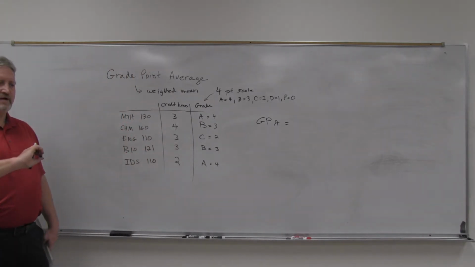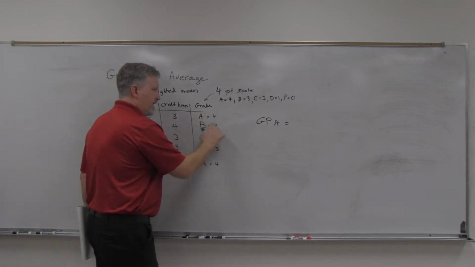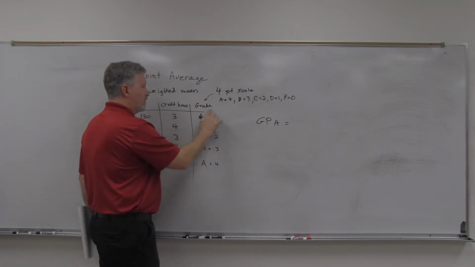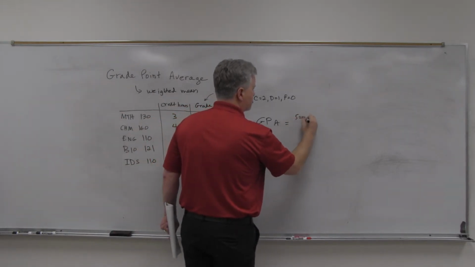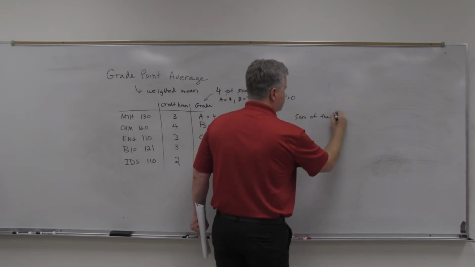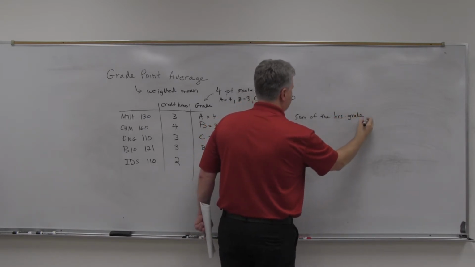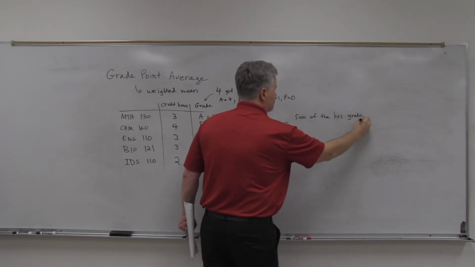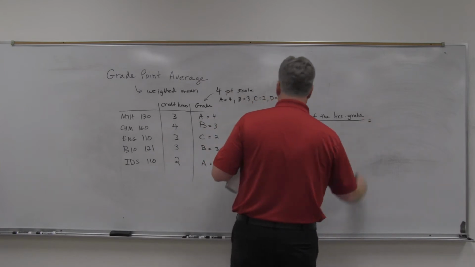So the grade point average, GPA, here's what you do. Just like we did on the frequency distribution, what we're going to do is sum up all the credit hours times their grade. So do the hours times the grade, let's call it. In this case, that top one, let's go ahead and write it out.